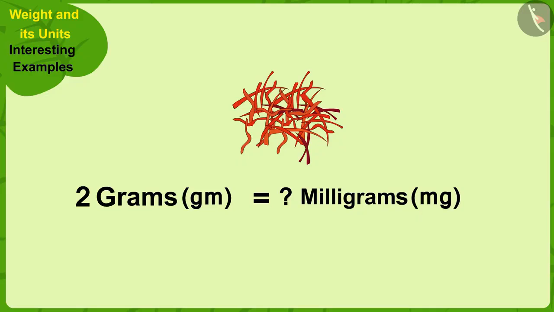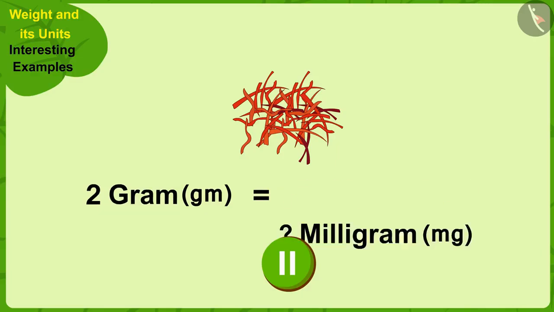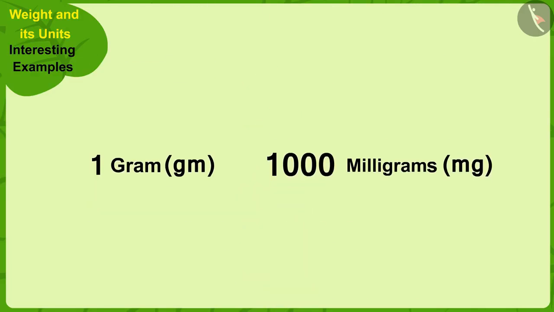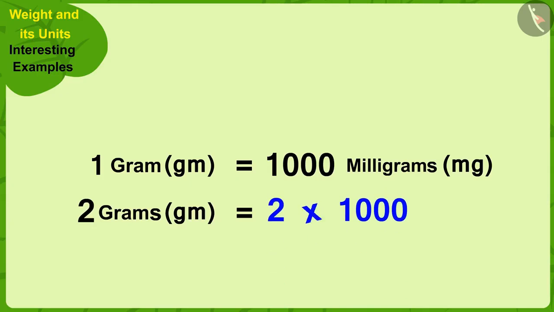Children, can you help Raju find an answer to this question? If you wish, you can stop the video and think of the answer. 1 gram is equal to 1000 milligrams. So, to convert 2 grams to milligrams, we multiply 2 by 1000.